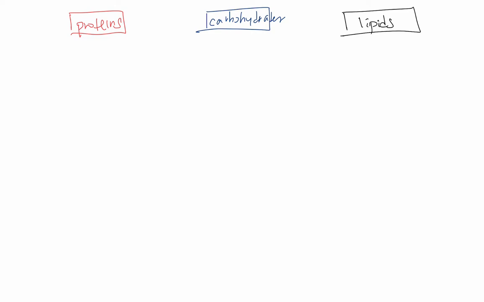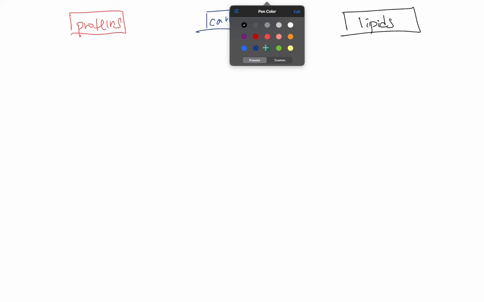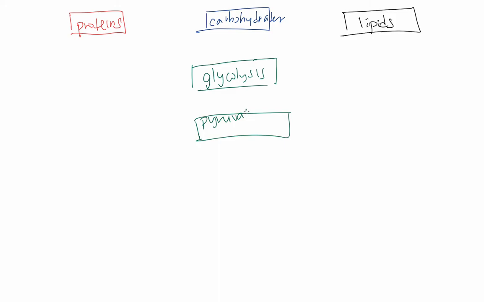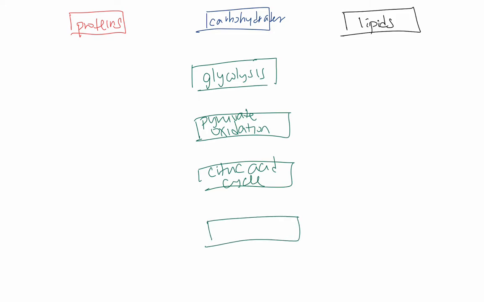And the 4 steps, you'll recall, of cellular respiration were glycolysis, and then we had pyruvate oxidation, then we had the citric acid cycle, and finally we have the oxidative phosphorylation part.